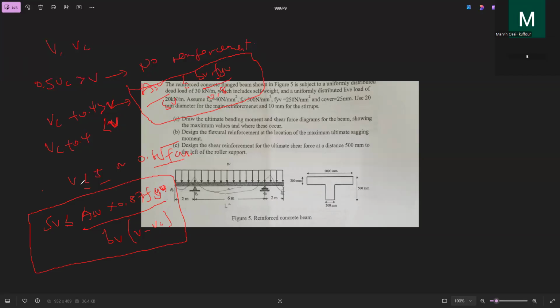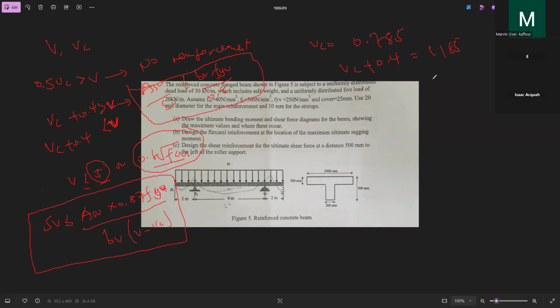So the condition is that if VC plus 0.4 is still less than V, then we move on to compare with 5 or 0.8 times the square root of FC. So let's see, our VC is equal to what? 0.785. So VC plus 0.4 will give us 1.185.